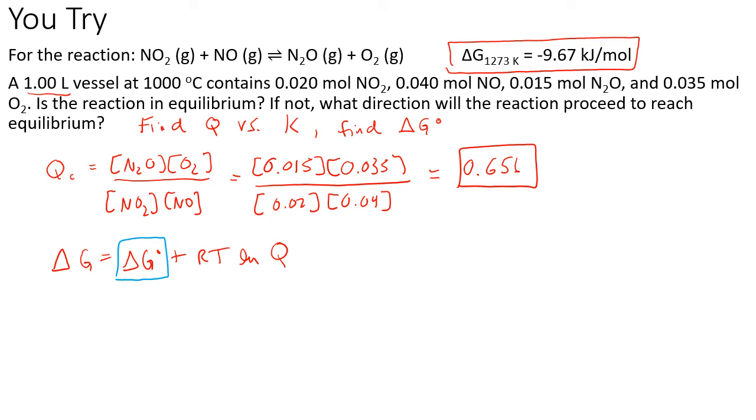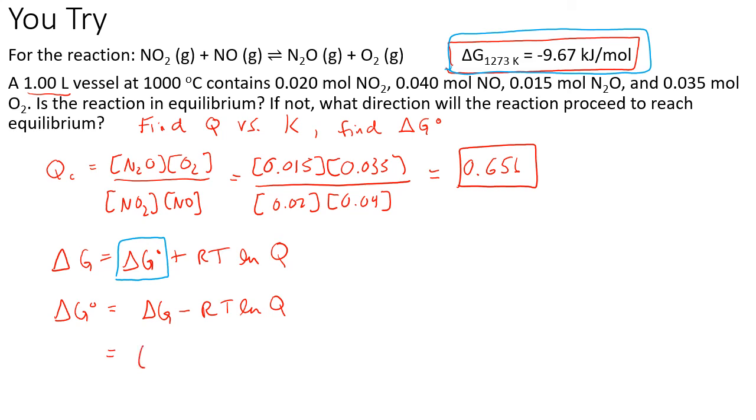Since we know Q and we know everything else, we know our delta G at non-standard state conditions, we can find delta G naught by rearranging. So delta G naught will be equal to delta G minus RT times the ln of the reaction quotient. And we can substitute everything in.